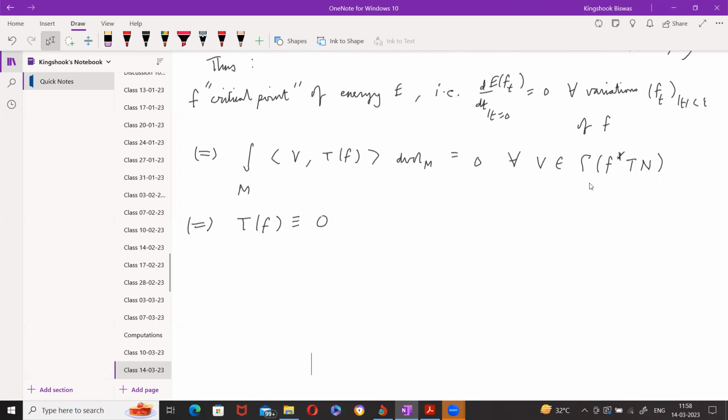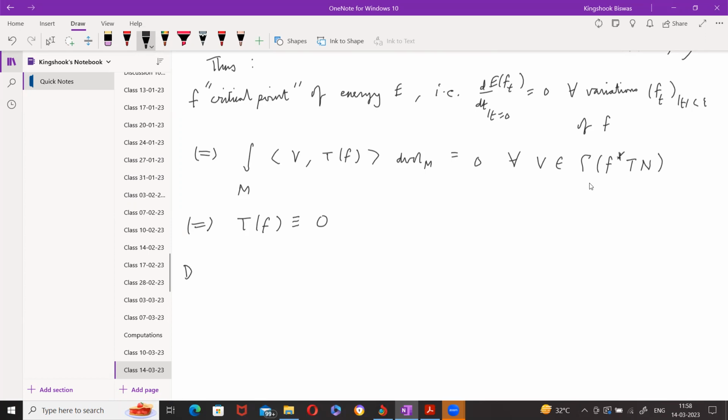For a harmonic function, that meant the trace of the Hessian is 0. Here, what we're getting is that this vector-valued trace, the trace of the second fundamental form, is 0. And so we now take this as a definition of a harmonic map.